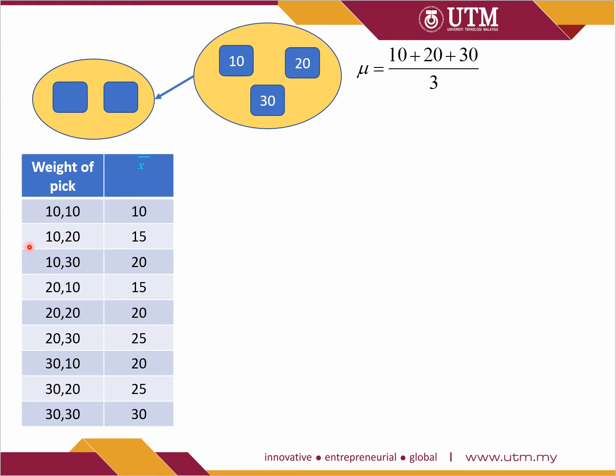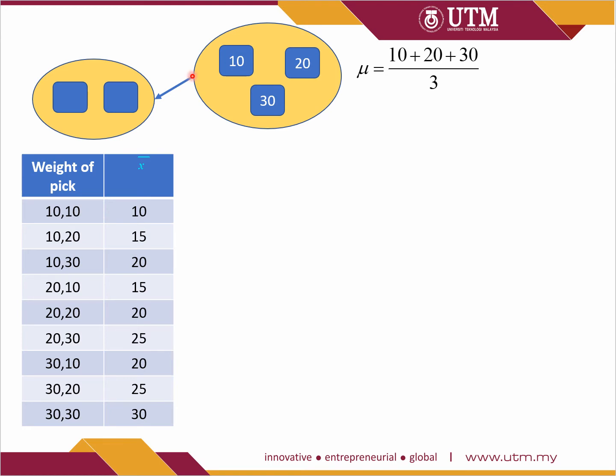So these are the outcomes of getting two bags of rice, and then here we can count the mean of this sample. Given that the mean of this would be 10 plus 10, divided by 2, which is equal to 10. 10 plus 20 divided by 2, which is equal to 15. So this column shows the mean of the sample.